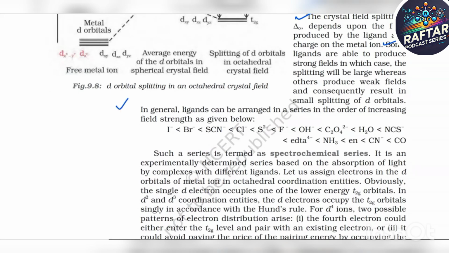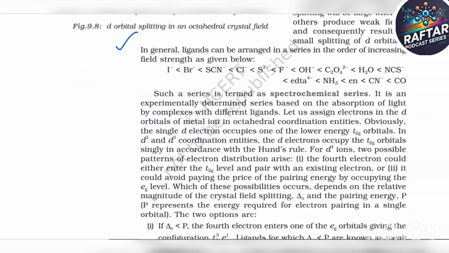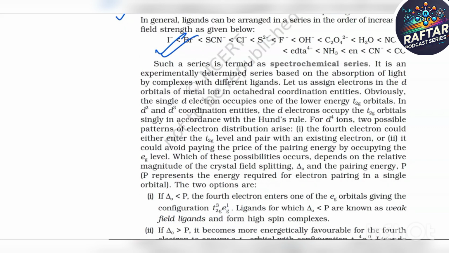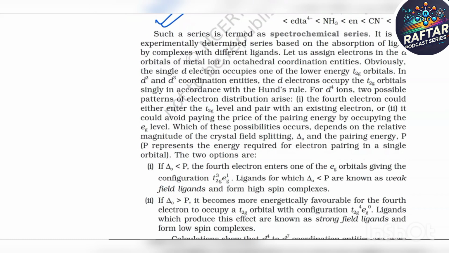In general, ligands can be arranged in a series in the order of increasing field strength as given: I-, Br-, SCN-, Cl-, S2-, F-, OH-, C2O4 2-, H2O, NCS-, EDTA4-, NH3, en, CN-, CO. Such a series is termed the spectrochemical series. It is an experimentally determined series based on the absorption of light by complexes with different ligands.